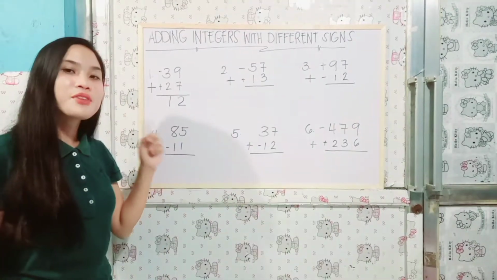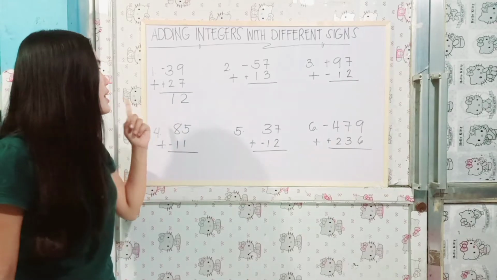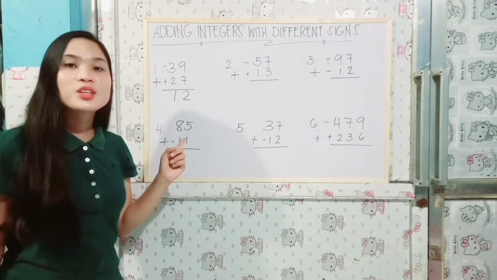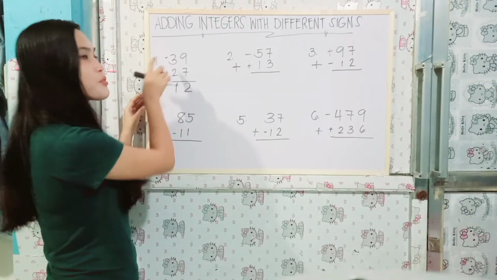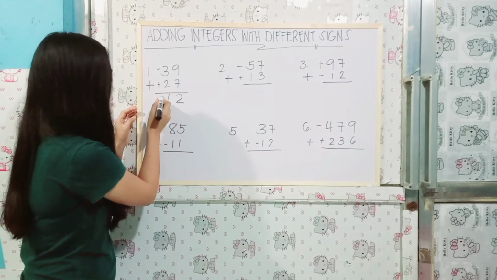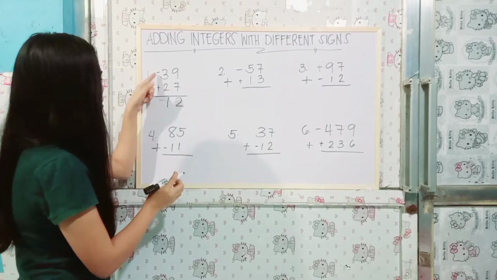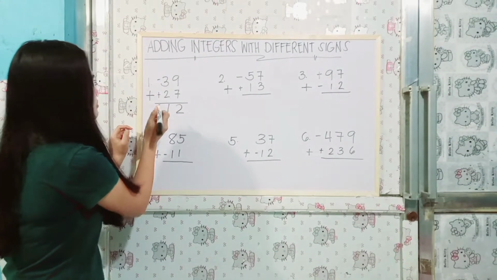And then affix to the difference the sign of the addend that has greater absolute value. So 39 is greater than 27, so the sign of 39 will be affixed here in our difference. So since it's negative, our answer will be negative.